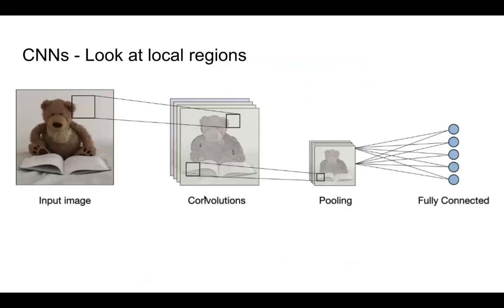What CNN does is take a small patch of the image, look at that local region and try to gain something from it, and then move that patch across the image to get this local information in a reduced way.